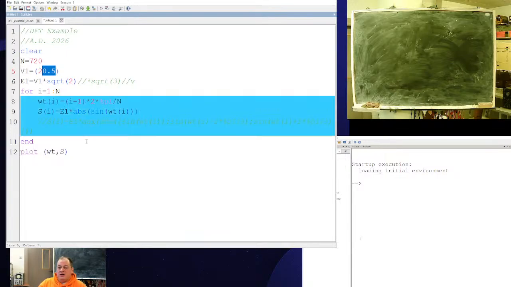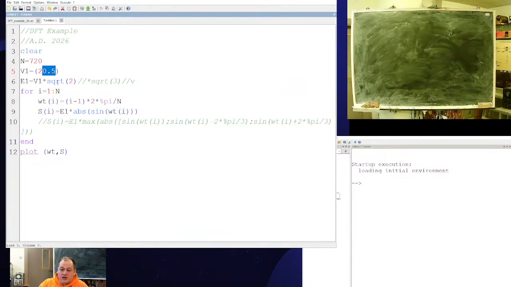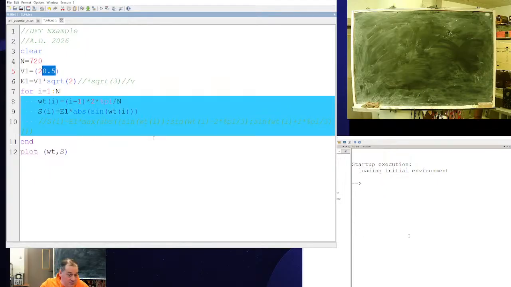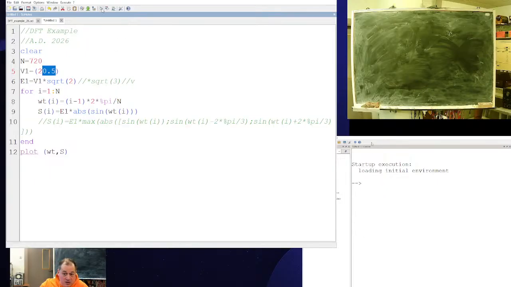Okay, let's see how it works. I should get a table of values. Drawing it with plot, I should see something close to what we saw in reality. Here it is.